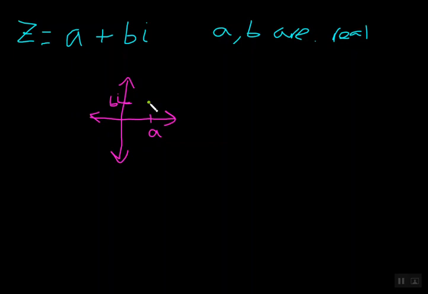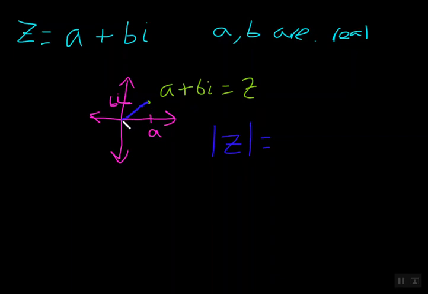This is going to be a plus bi, which is equal to what we're calling z. Well, if I want the absolute value of z, sometimes called the norm or the magnitude of z, that's all I want: this length.